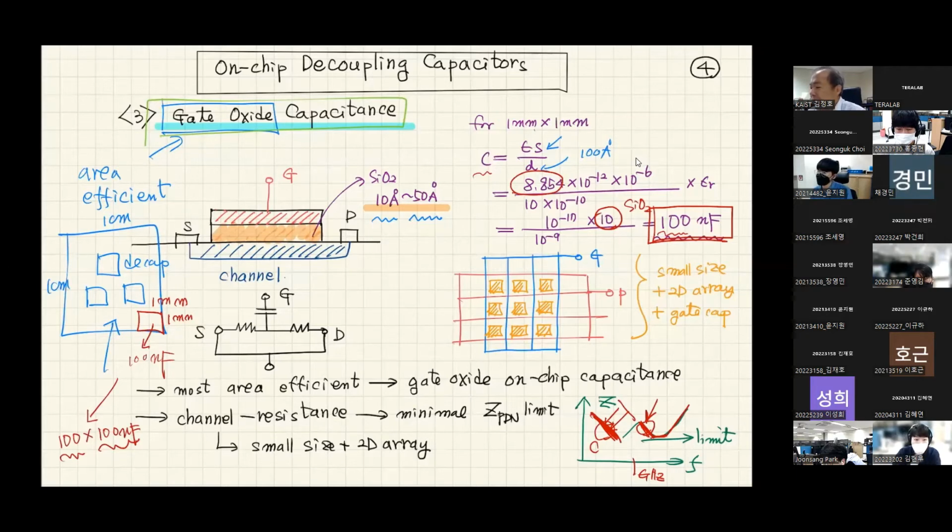But in our life, nothing is free. There's no free lunch. If we take some advantage of something, some disadvantage will come along with that. They are accompanying each other. The disadvantage of this on-chip decoupling capacitor is some potential leakage issue.